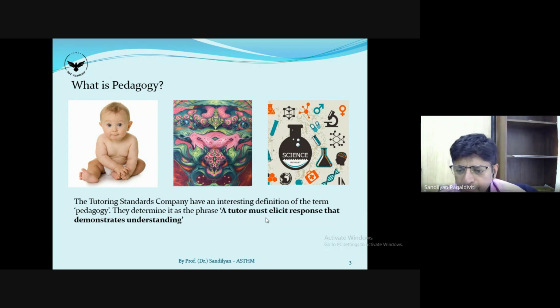Saundarya, madam, what do you understand by pedagogy? That question is open to others also. What do you understand by pedagogy? Okay, somebody has put levels of teaching, childhood understanding learning. Yes, that is an interesting answer.